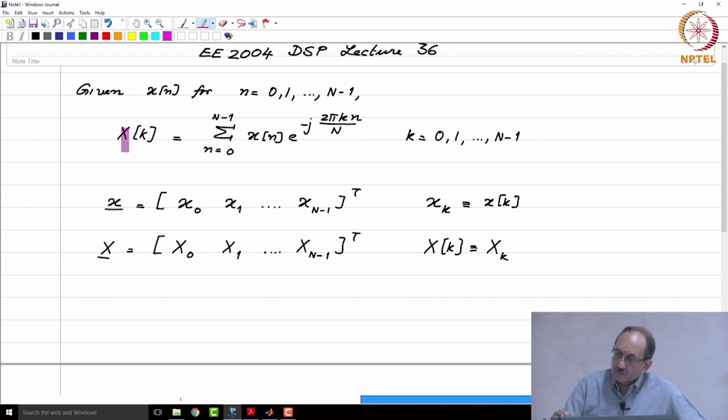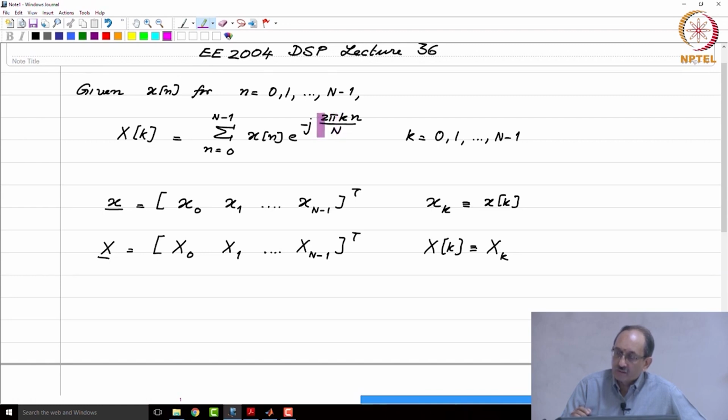Remember, for the kth bin index, the DFT is given by this, and this can be thought of as an inner product of two vectors. One of the vectors is x as given here, and the other vector is e to the minus j 2 pi k n by N, and you can vary this over little n going from 0 to cap N minus 1.